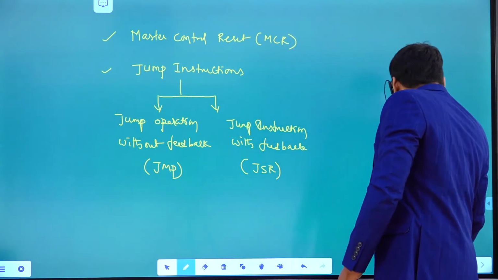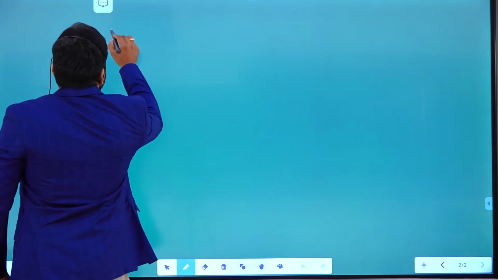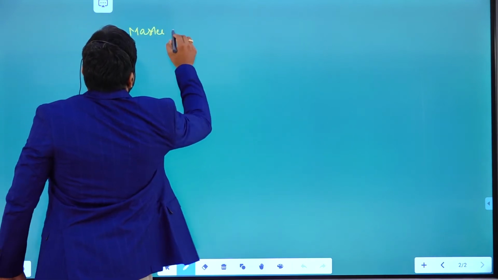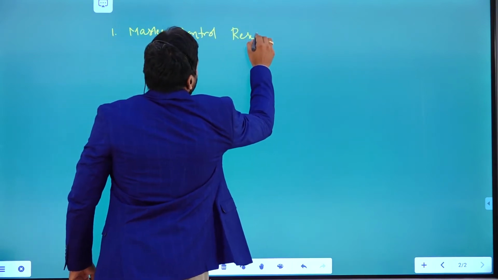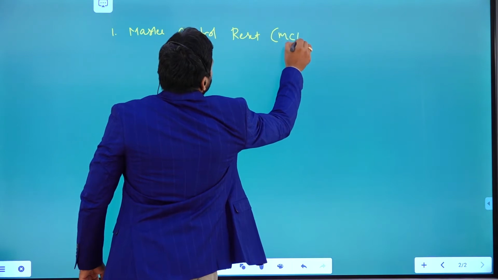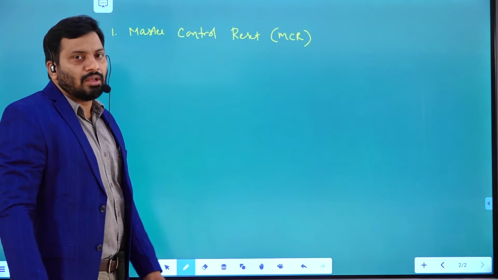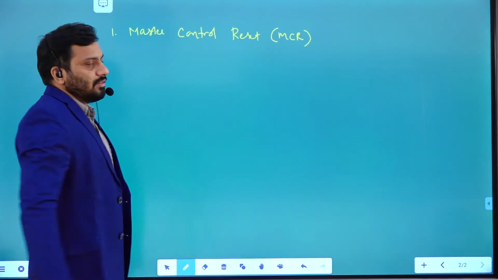So now we'll see, first is the master control reset instruction. This label is MCR, master control reset instruction, right? So normally this is going to work like this, right?